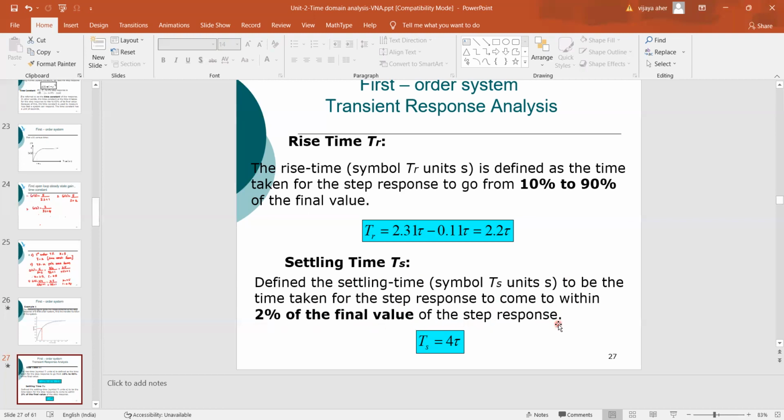Settling means your system is settling down. So TS is equal to 4 into tau. This is the equation for a first order system.